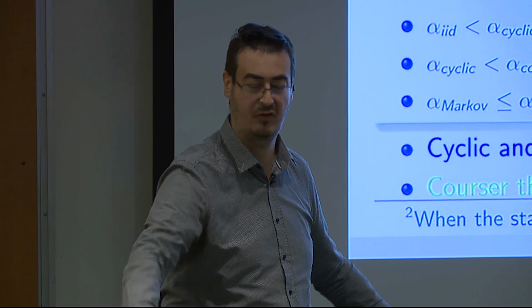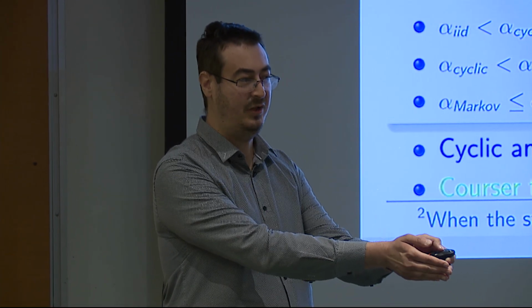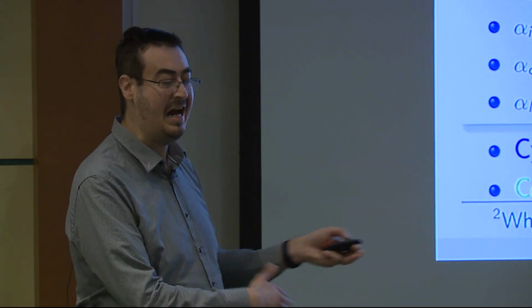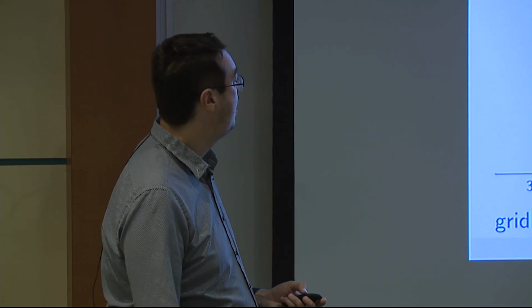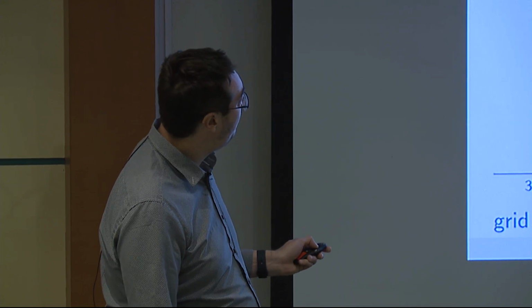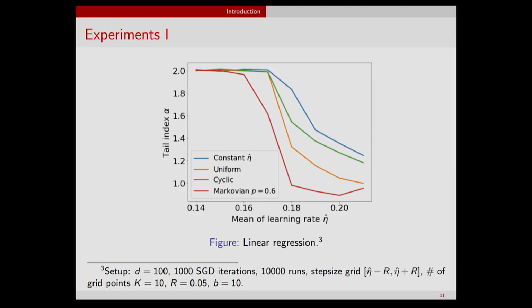Or if you have a wider range, you will have heavier tails. So you could have the same expectation, but you could have a wide grid or a small grid, right? So basically, these results tie your step size scheduling to the tails. Okay. This is some experiment where you can see that the Markovian step sizes are invoking heavy tails. Okay. The ones that we are proposing.